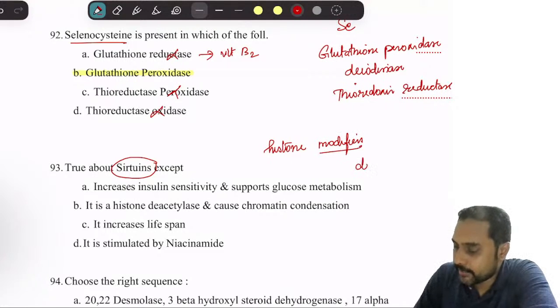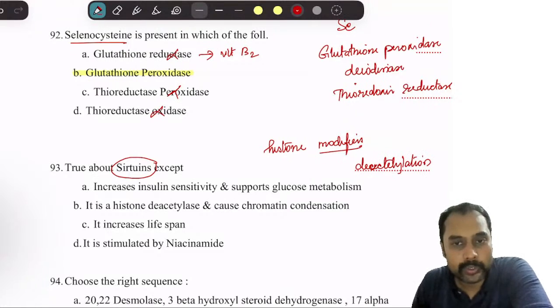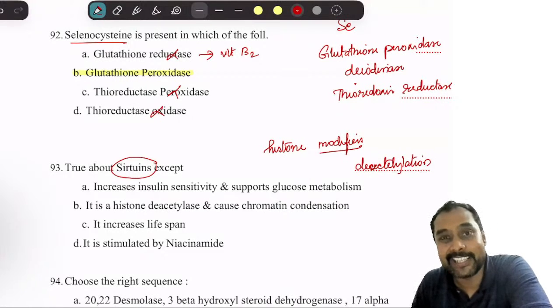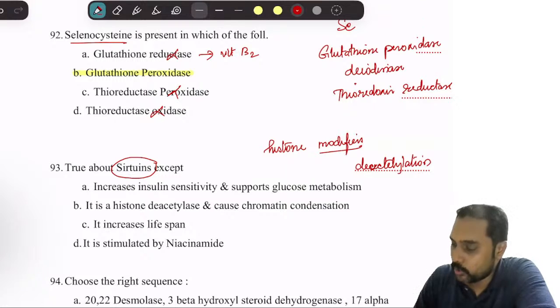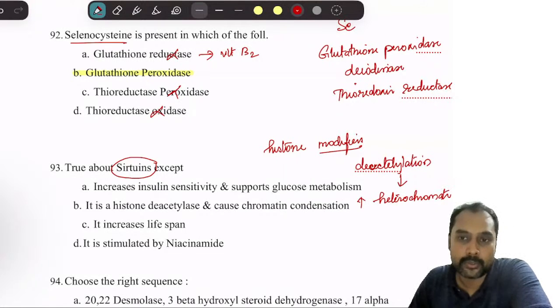What they do is they cause histone deacetylation. You all know that when there is histone acetylation, it actually increases euchromatin. Now, histone deacetylation increases heterochromatin. Is that okay?